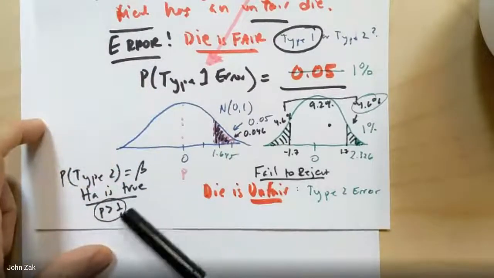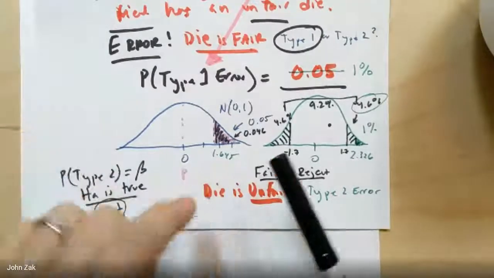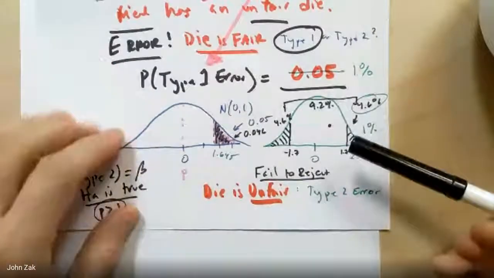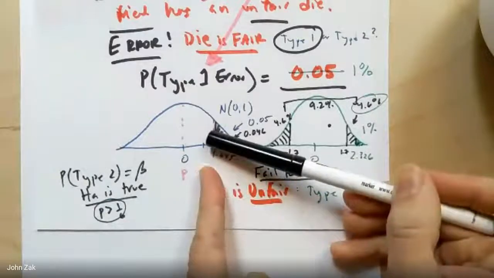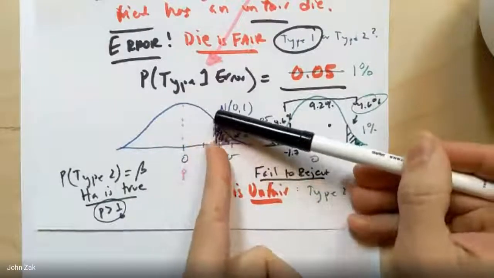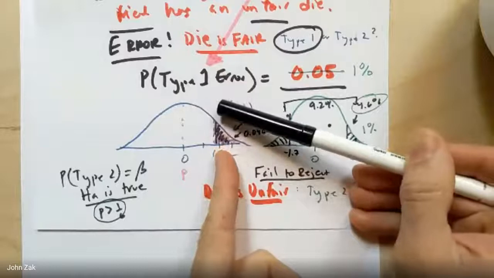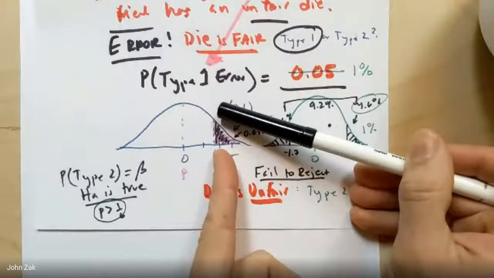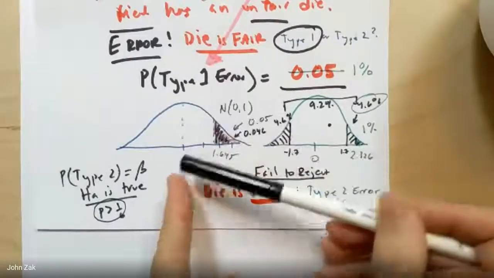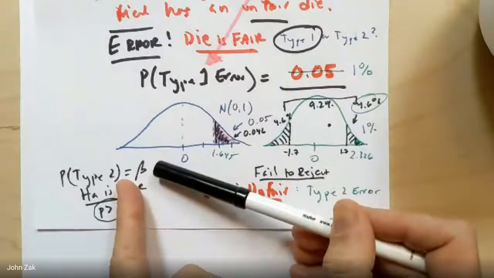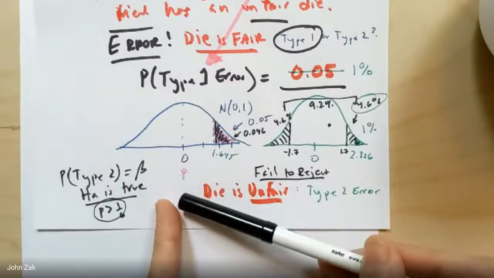So the only thing that we could say right now is, in fact, when your alpha goes up, when it's easier to reject the null hypothesis, then beta will go down, right?